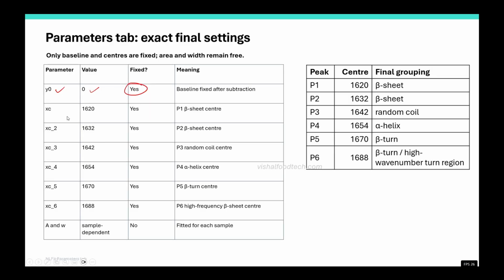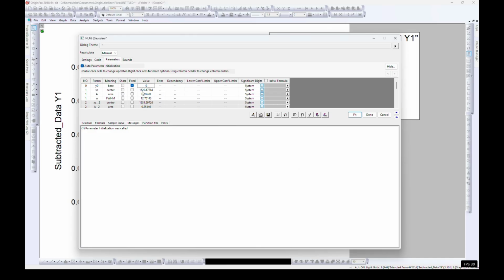Now the xc values: xc1 is 1620, and it should be fixed. So I will put the value 1620 in the value column, and in the fixed column it should be fixed.